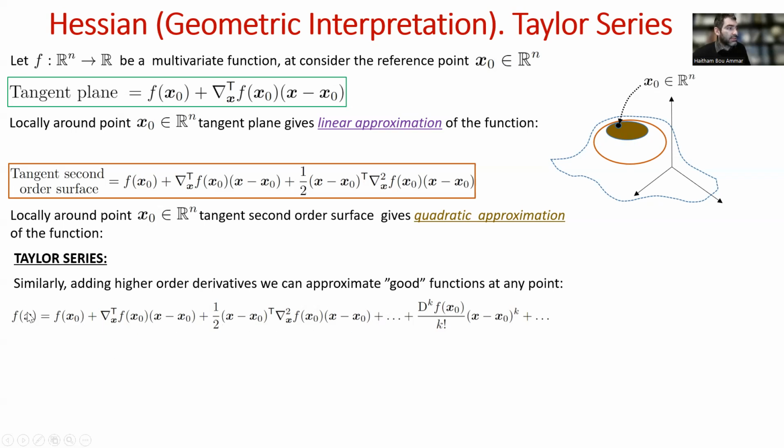And here x should take values which are not that far from the point x0. That's why it's called a neighborhood. All of that is only valid in some local neighborhood around the point x0. So as we said, this is the linear term, this is the quadratic term, and this is the higher order approximation, which is defined through tensors for the multivariate function.